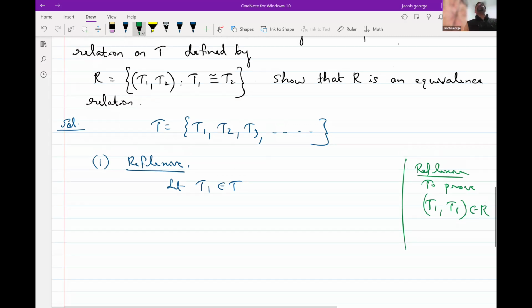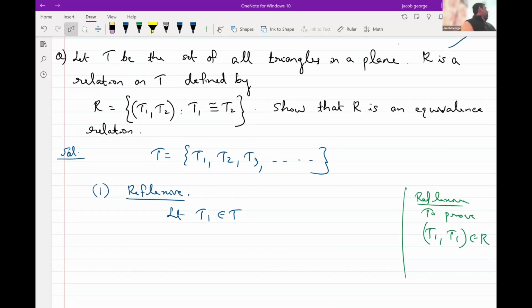According to the question, T1 comma T2 will be an element of R if T1 is congruent to T2. Then when do we say T1 comma T1 is an element of R? T1 must be congruent to T1. Is it true for triangles? Is every triangle congruent to itself?